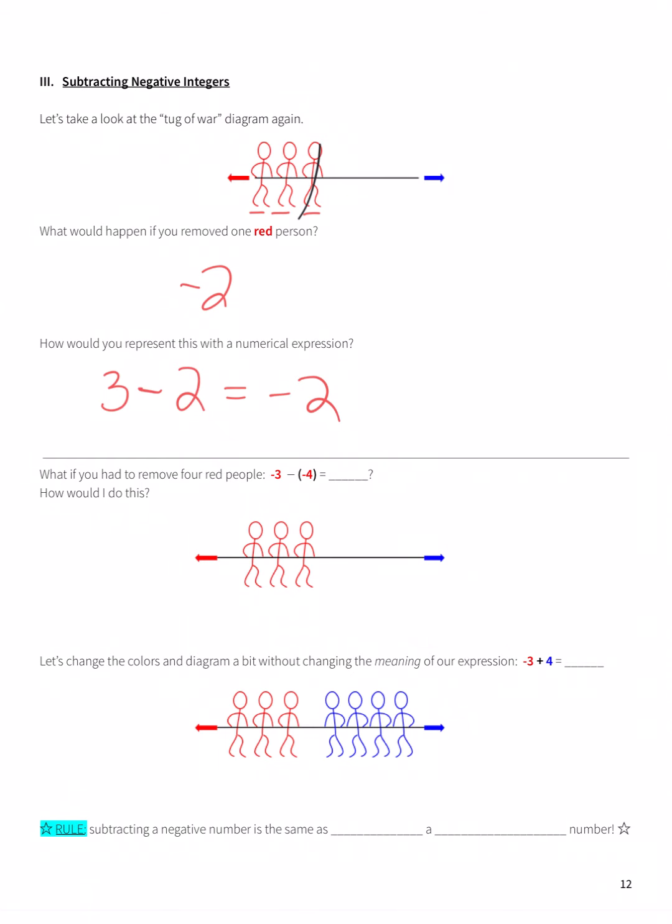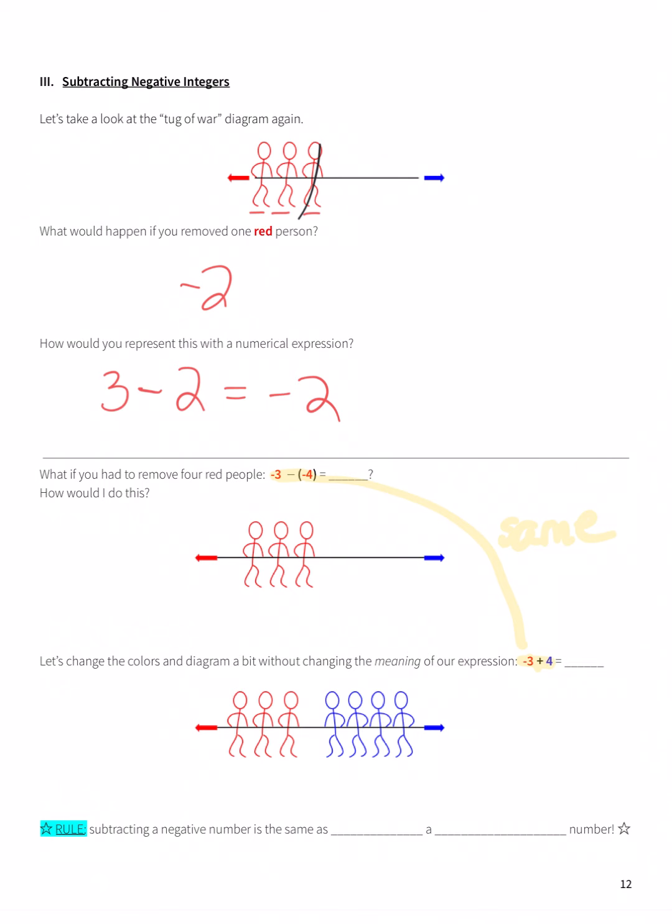So instead of writing this as -3 minus -4, we can write this as -3 plus 4. So remember, these are the same. All right? So when we're subtracting, we can add the opposite. So -3 minus -4 becomes -3 plus 4.